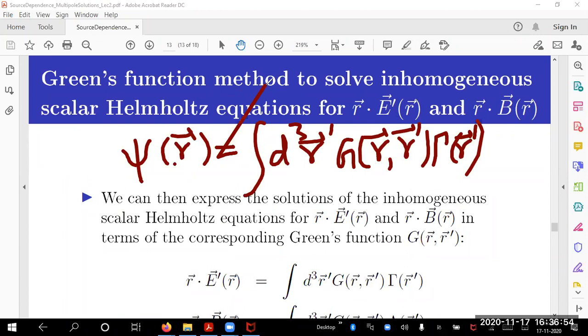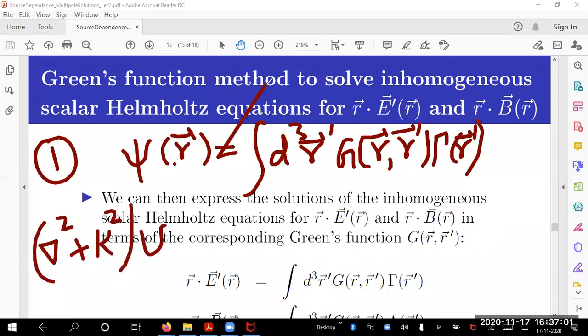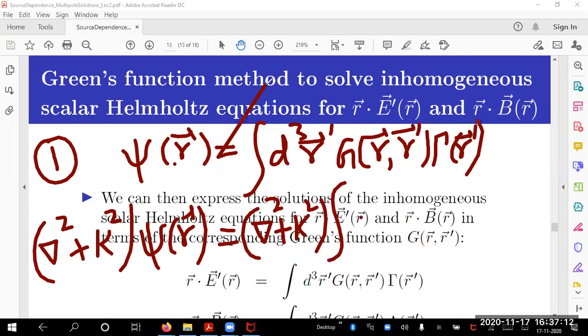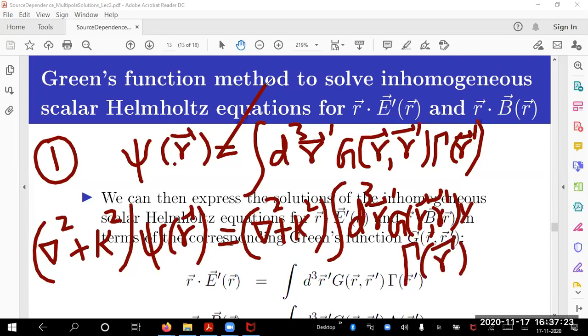Now let us apply. This is my equation 1. Let us apply del squared plus k squared acting on psi of r. What is this equal to? I am claiming that this is del squared plus k squared acting on the integral d cubed r prime of g multiplied by gamma of r prime. Now the integration is with respect to r prime.